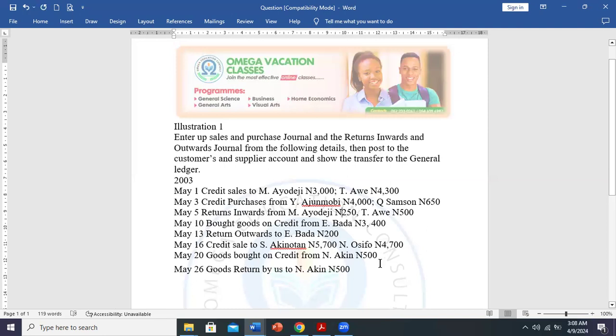May 16th, credit sale to S. Akinotain, 5,700 naira, N. Osifo, 4,700 naira. May 20th, goods bought on credit from N. Akin, 500 naira. And May 26th, goods returned by us to N. Akin, 500 naira.